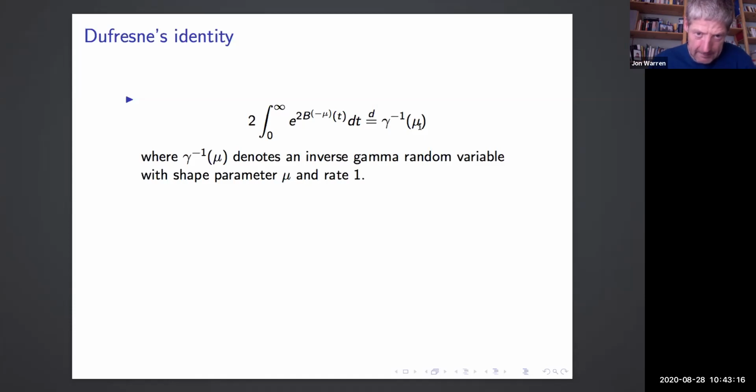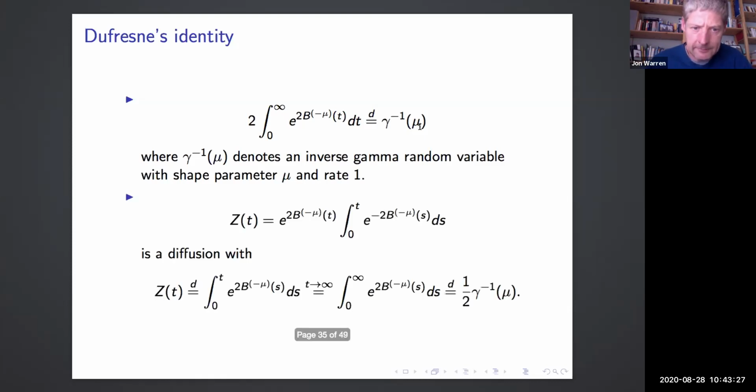Now, I want to emphasize that that's an analog of the statement that the maximum of a Brownian motion with drift has an exponential distribution. And there are analogs of the other objects that we've seen in the story as well.